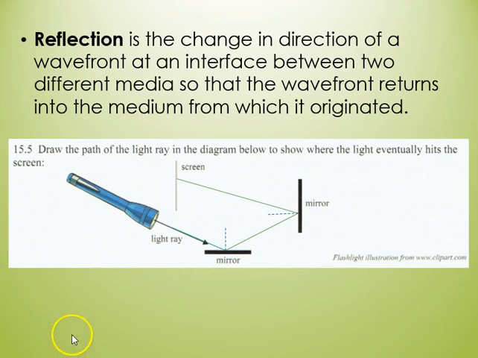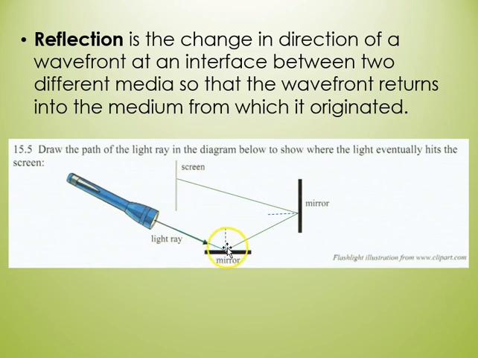And your On Your Own problems asked what would happen if you shined a light ray onto a mirror, and they wanted to know where the light would eventually hit. We show here that the light would bounce from one mirror to the second mirror and then back to a screen.